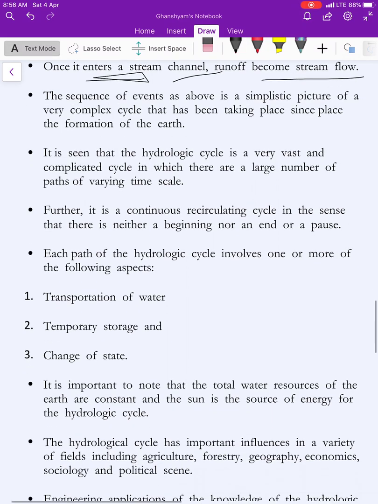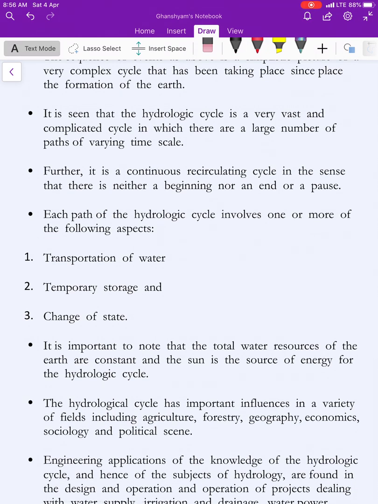It is seen that the hydrologic cycle is very vast and complicated, in which there are a large number of paths of varying time scale. The paths are different and the time scales are also very different. So you can assume how complex this cycle is in actuality.